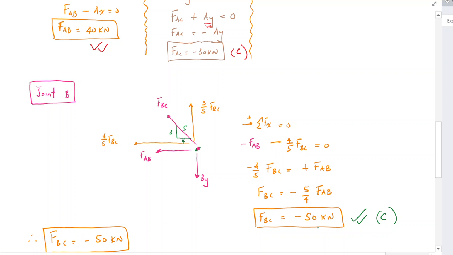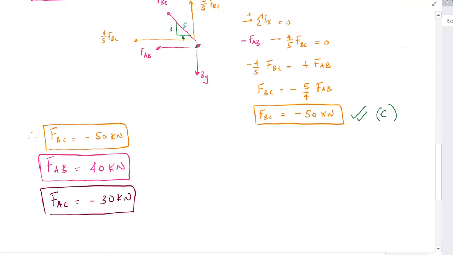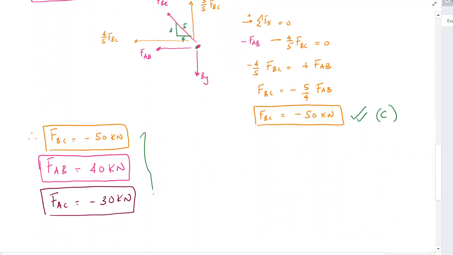Okay? Now, all I did right here was label or spell out force BC, force AB, and force AC, because they want us to find the normal stress in each member, or bar, as they call it.